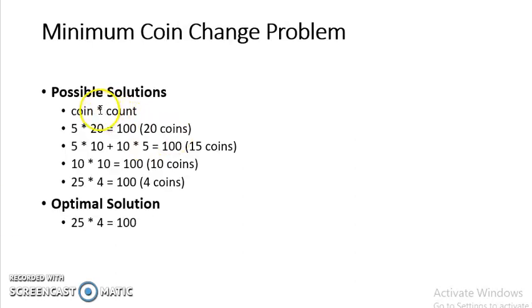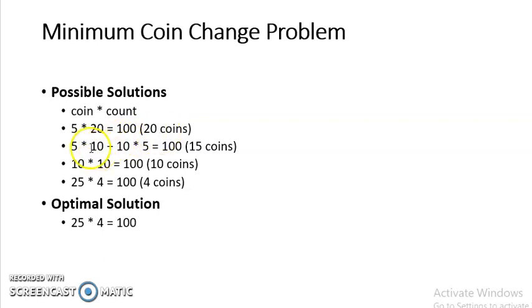So now, how can you find possible solutions? If you use only the coins of value 5, you'll need to use 20 coins. So 5 into 20 is equal to 100. So you'll give the change in 20 coins. You can also use a combination.